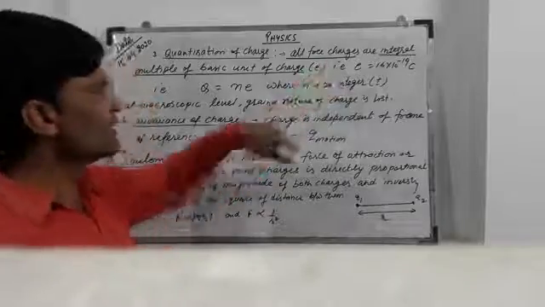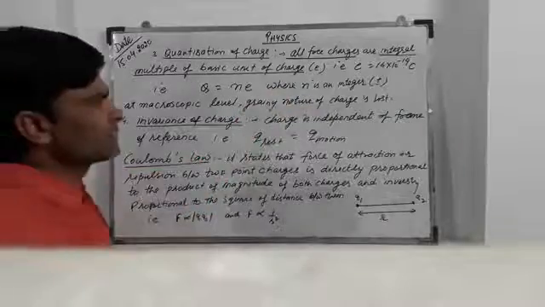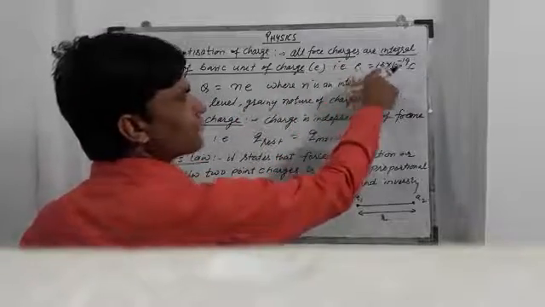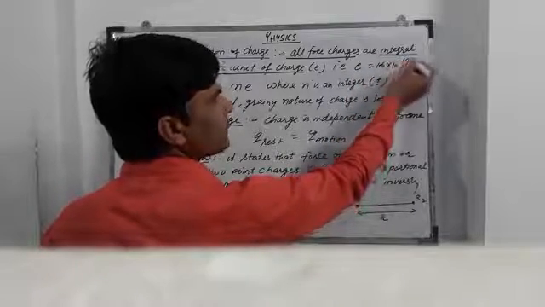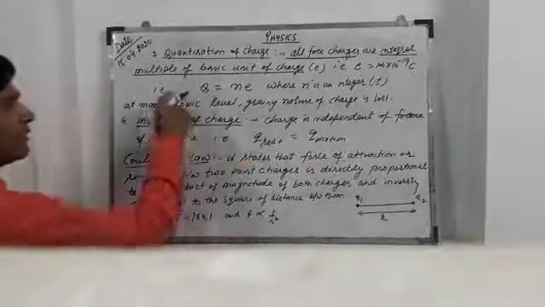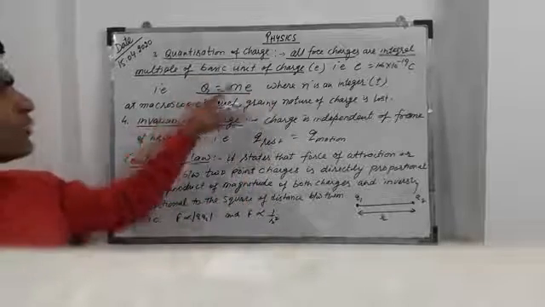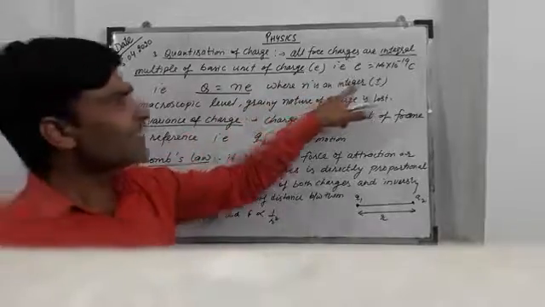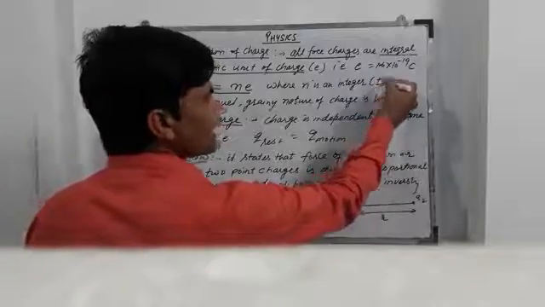All the charges are made with the help of the basic unit of charge, denoted by small e, which has the value e equal to 1.6 times 10 to the power minus 19 coulomb. Okay? The formula of quantization is q is equal to n e, where n is an integer. It may be positive or negative. Okay?